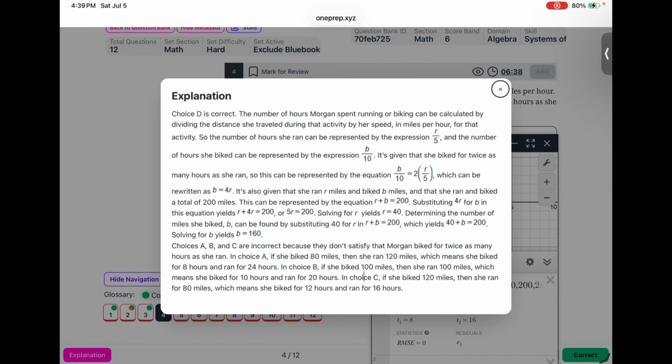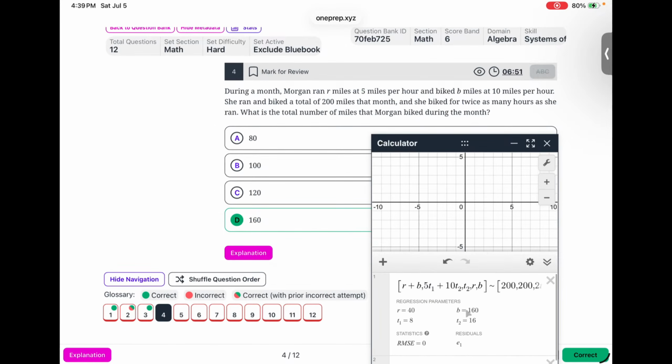See how they did it. They did all this stuff. But yeah, regression worked in the end, but first time, so a little rusty. But I think a little more practice would make it easier.